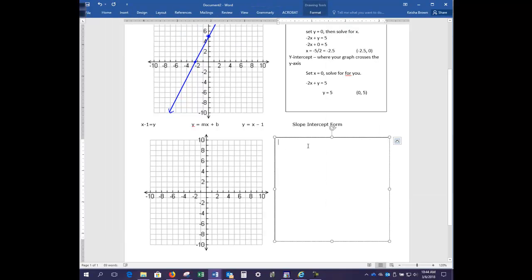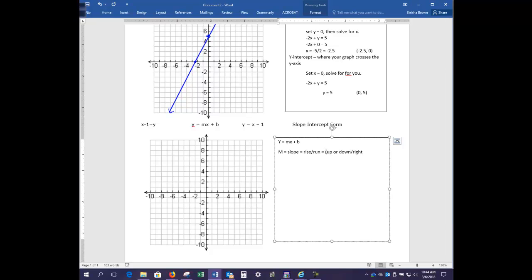It's called slope-intercept form because you're given the slope and the intercept. m is your slope, which we also call our rise over our run. The numerator tells us how far to go up or down, and the denominator tells us how far to go to the right.